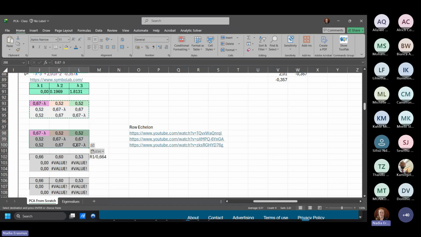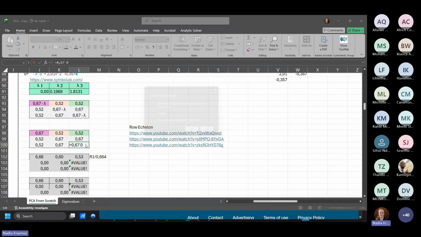Okay, so there's a row echelon form for solving it. So it's just minus 0, so you're going to have it as equals minus 0.